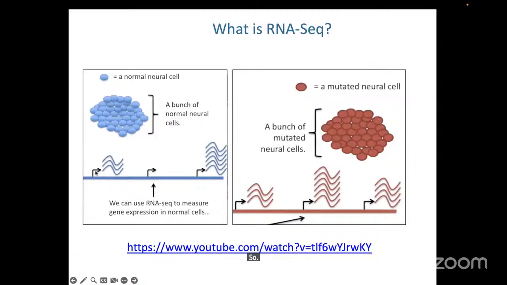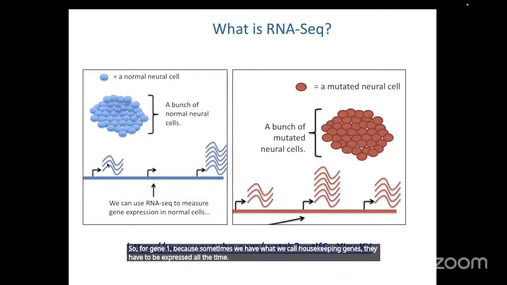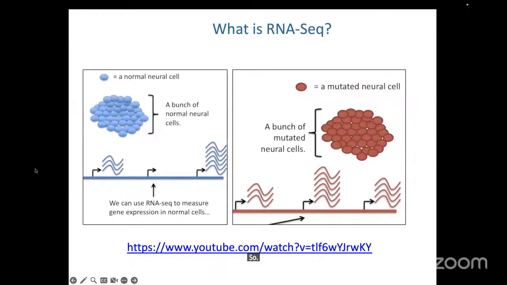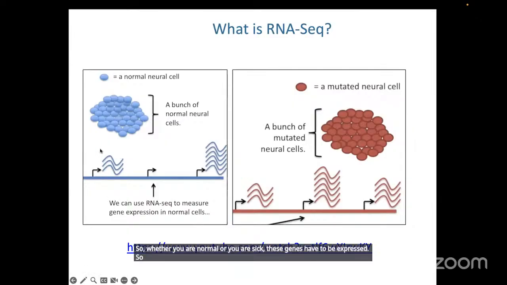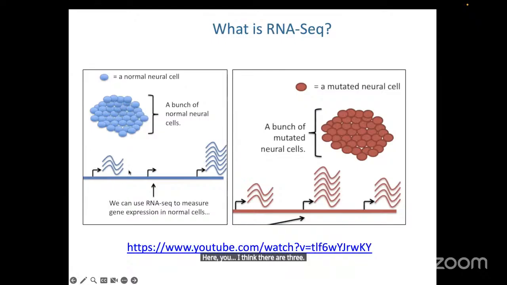For gene 1, sometimes we have what we call housekeeping genes, which have to be expressed all the time. So whether you are normal or you are sick, these genes have to be expressed. The gene on the left here, I think there are 3. It's expressing 3 messenger RNA, and the gene on the right also 3. So they always call them housekeeping genes.